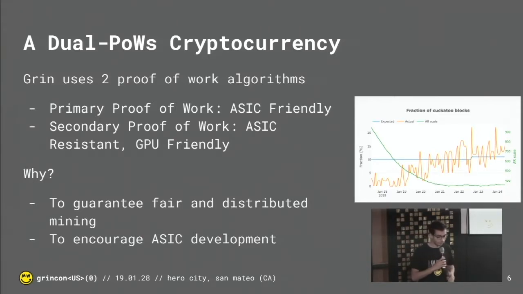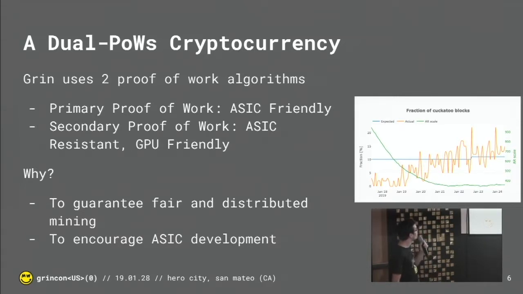The first one, we call it the primary proof of work, and it's made to be ASIC friendly. So people can develop ASICs for that, and in the future, it will be really profitable to develop ASICs for that. The second one is the secondary proof of work, which is made to be ASIC resistant and GPU friendly.